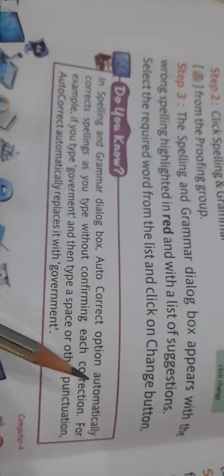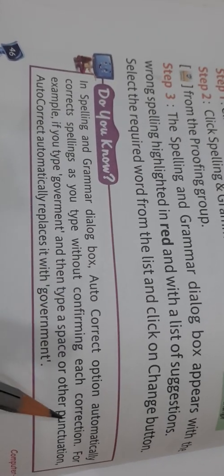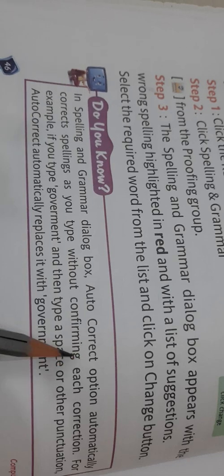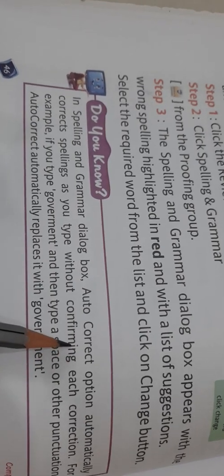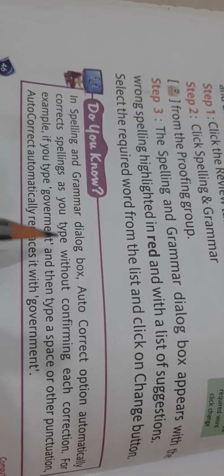Now, do you know, in the spelling and grammar dialog box, the autocorrect option automatically corrects spellings as you type without confirming each correction. Means there is an autocorrect option which will automatically correct the spellings, and you will not be shown this dialog box.